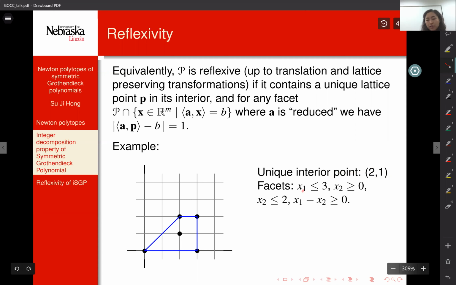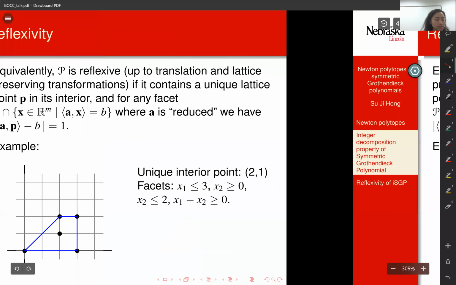When you plug in (2, 1), x1 is just 2, so 2 minus 3 has distance 1. We can check that for each of these hyperplanes, and they are all distance 1 away from the unique interior point. So this is actually reflexive.